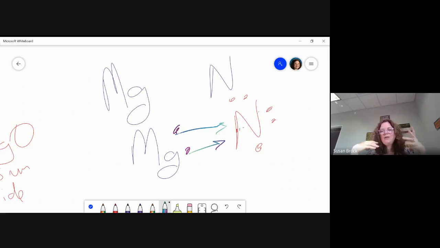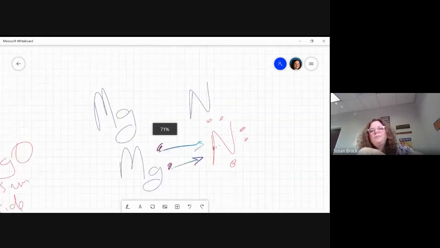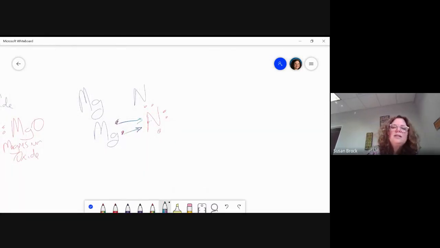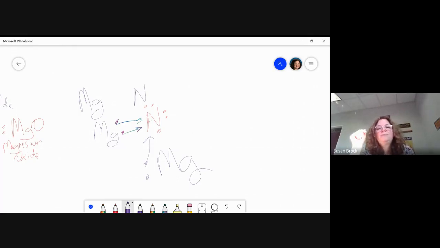So these things never exist by themselves. There's always more around. So what nitrogen does is it takes 2 more from magnesium. It brings another magnesium and takes 1 from another magnesium. So now this nitrogen has 8, but this magnesium still has 1 to get rid of. So it finds another nitrogen.